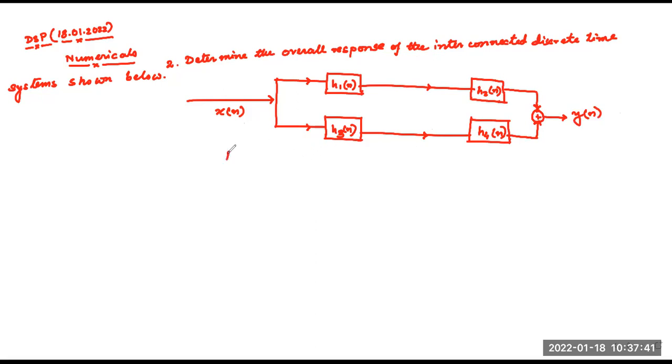So it is given that h1n equals a to the power n un, h2n equals delta n minus 1, and h3n equals delta n minus 2.